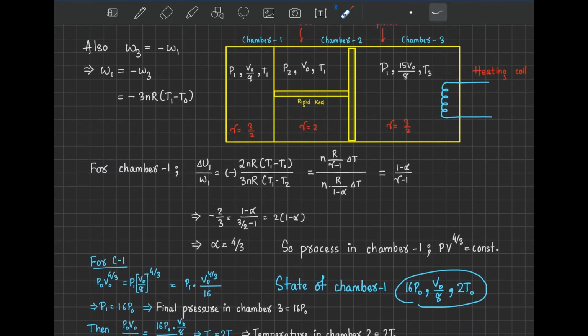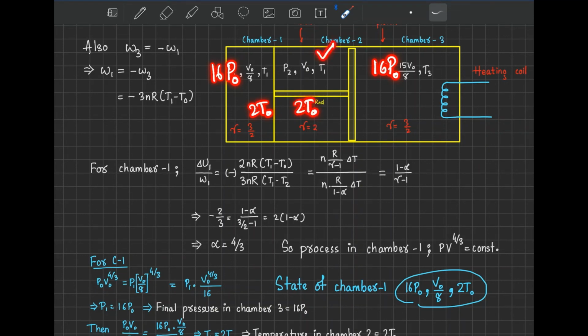So the temperature of this chamber is 2 T0. As we know, the final temperatures of both these chambers are the same. So we got final pressure 16 P0 here and 16 P0 here, and temperature 2 T0 here and 2 T0 here.